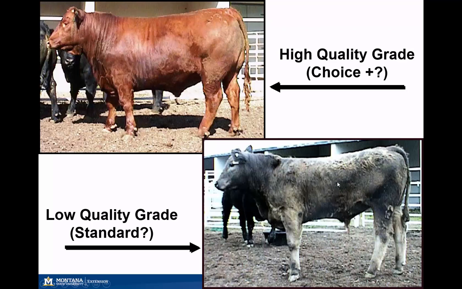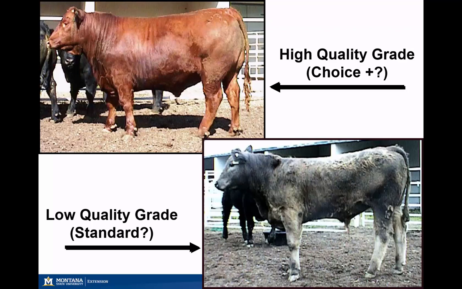This can be based on what they're being fed, as well as their environment and their genetics. I just err on the side of caution because genetics can play a huge role, and what they're being fed can play a large role in their quality grade. And so just because this animal appears to be fat does not mean he has internalized that fat to be marbling.